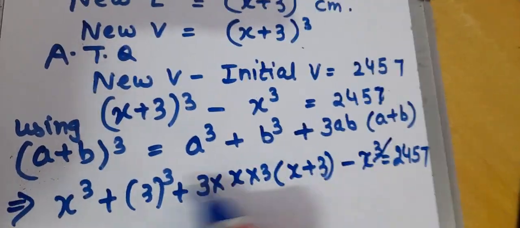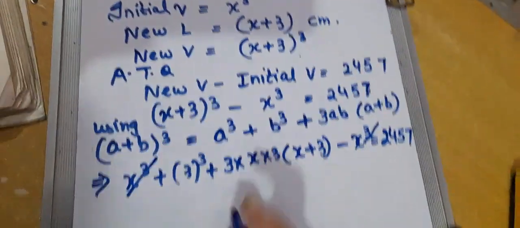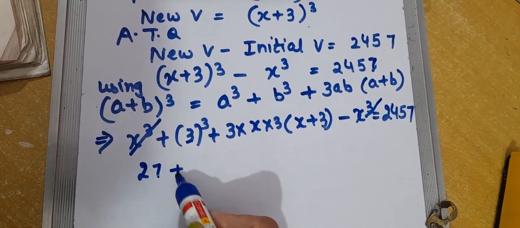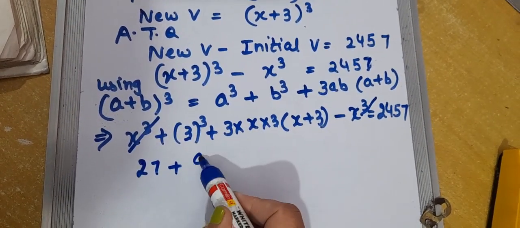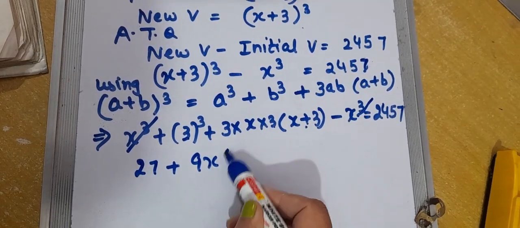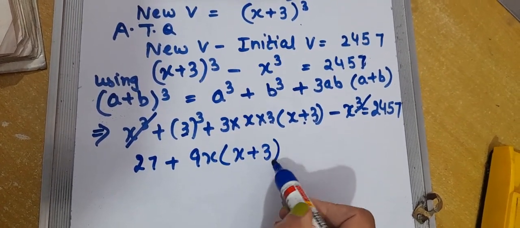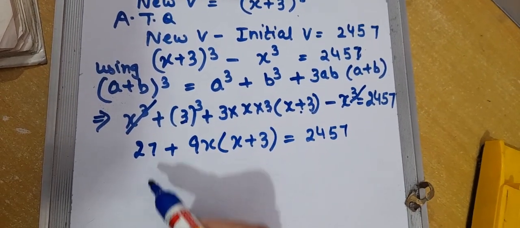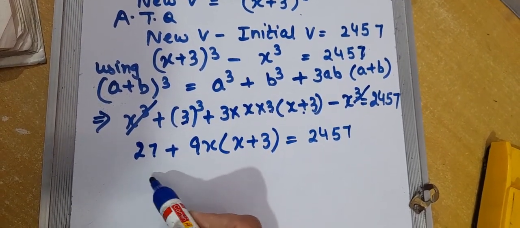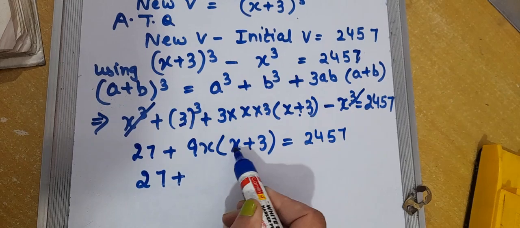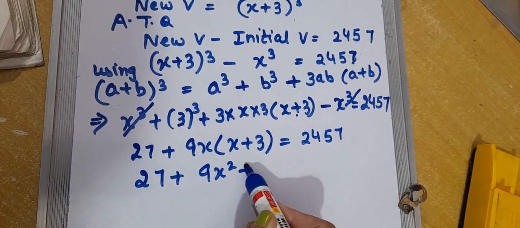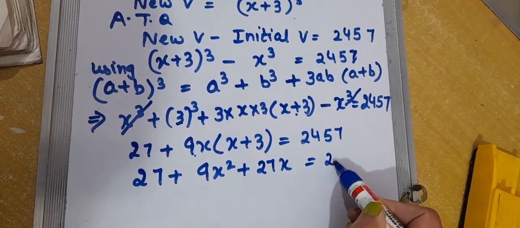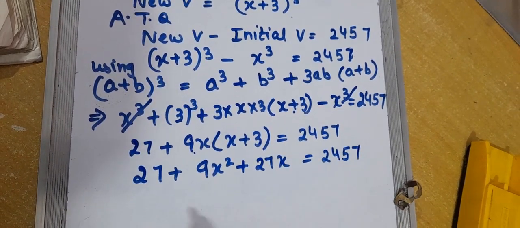So this x cube and this x cube will cancel. So you get here 3 cube 27 plus 3 nines are 9x into x plus 3 equals to 2457. And 27 plus 9x square plus 9 threes are 27x equals to 2457.